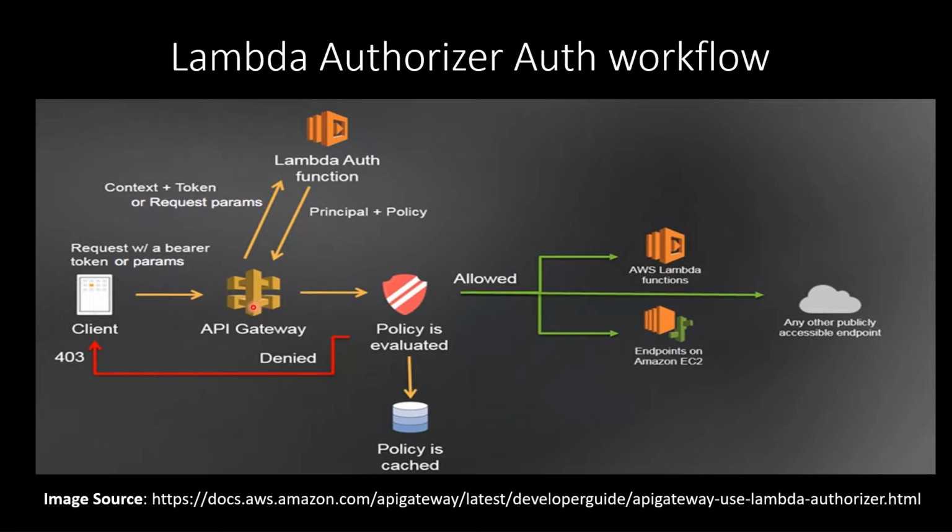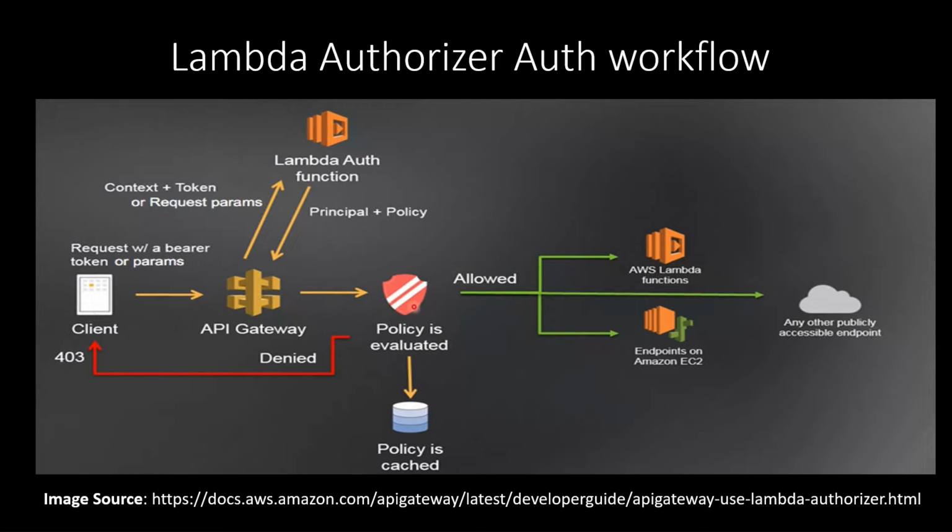API gateway checks whether a Lambda Authorizer is configured or not. If the Lambda Authorizer is configured, it calls the Lambda Authorizer function with context plus token or request parameters, and then the Lambda function checks the passed token, and based on our custom logic, it creates a policy with allow or deny and returns it to the API gateway.